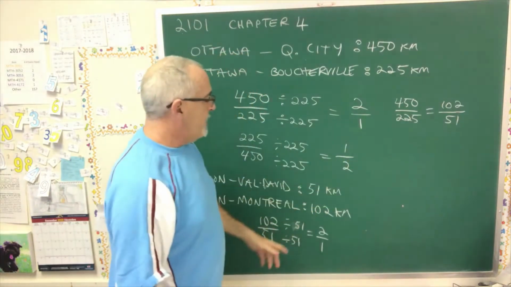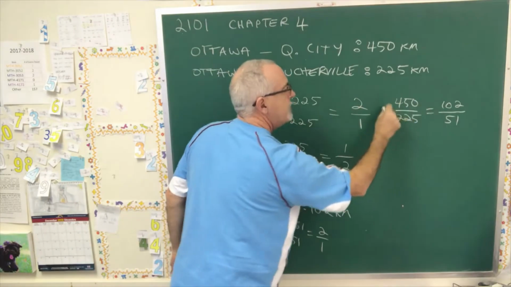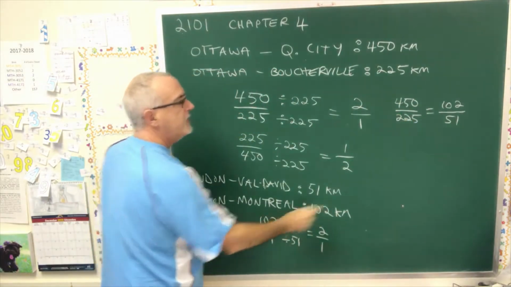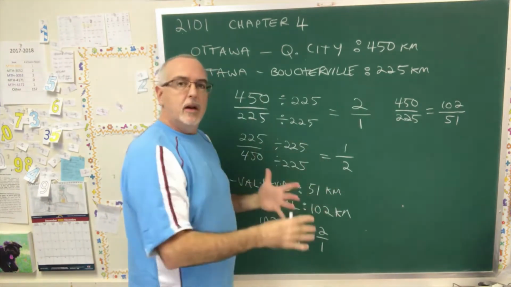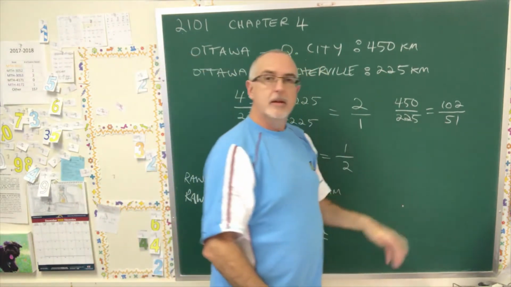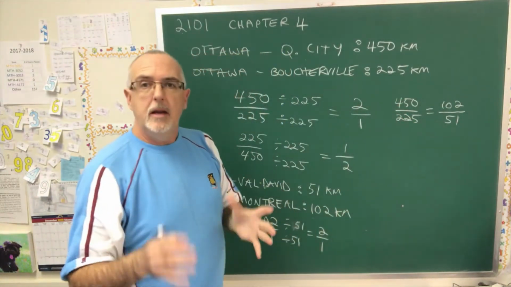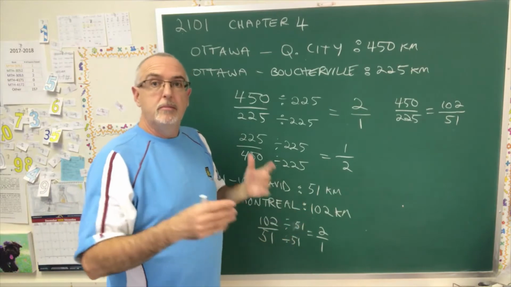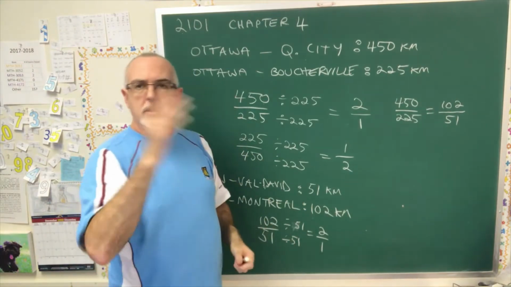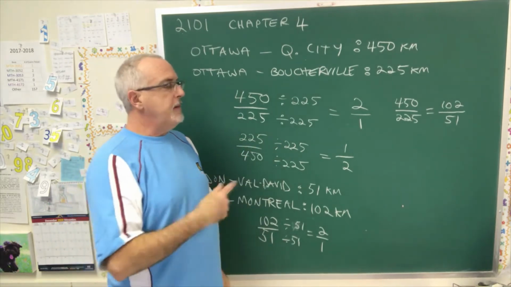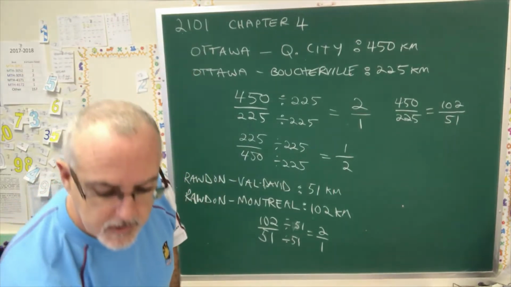So since we already know that a 2 to 1 ratio is the simplified version of this, and a 2 to 1 ratio is the simplified version of this, we know they're going to be equal. I've created a proportion because I know that these two ratios of distances are equal. So this is proportional. Knowing the meaning of the words ratio, proportion, and proportional is useful. There are a lot of students who just ignore words like that and don't want to remember their meanings, but the math is easier for the students who have words to describe it. So these are important words.